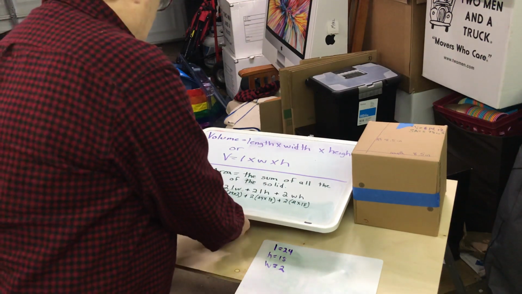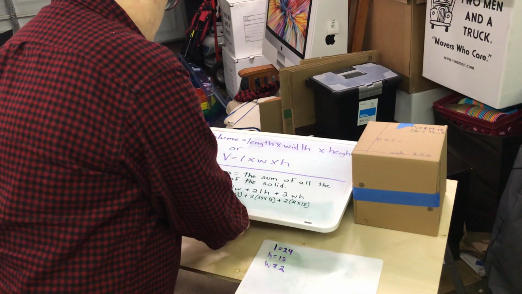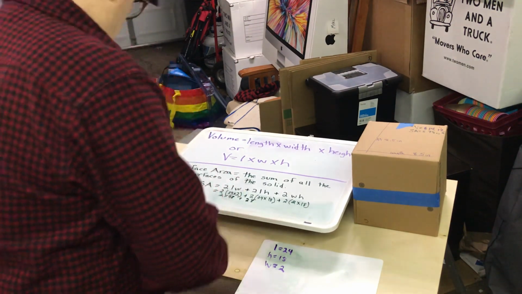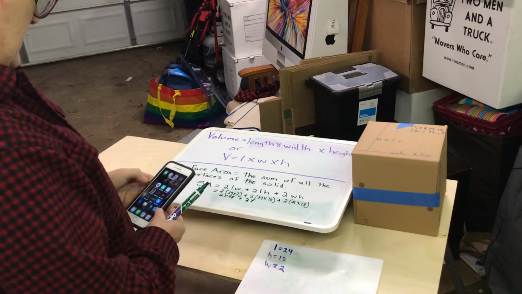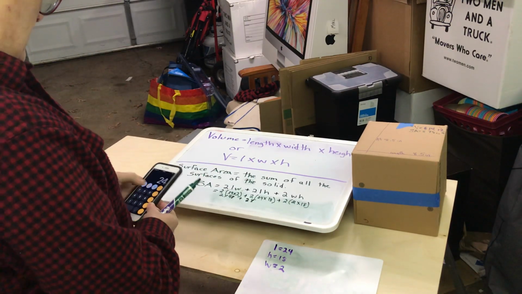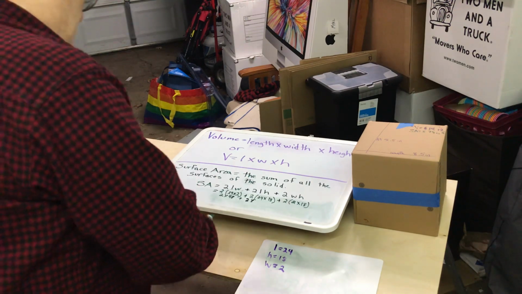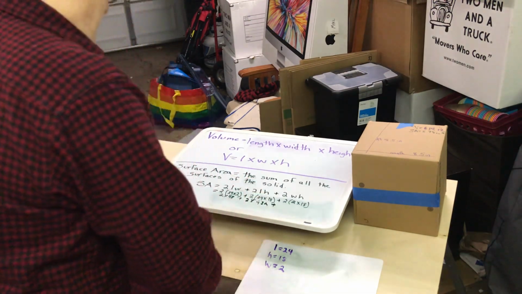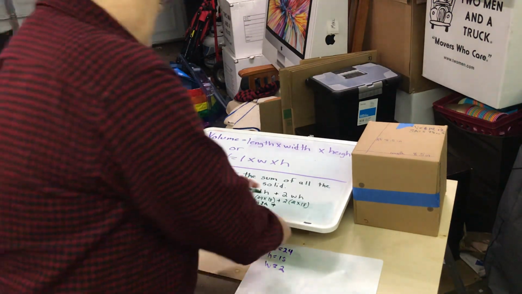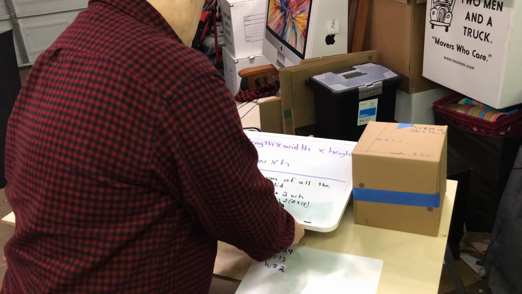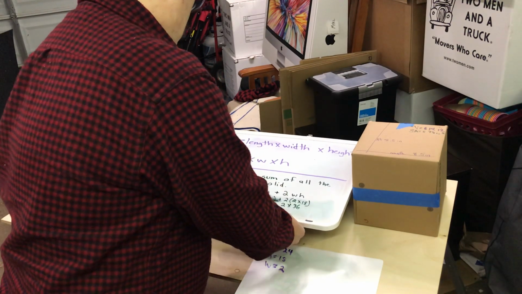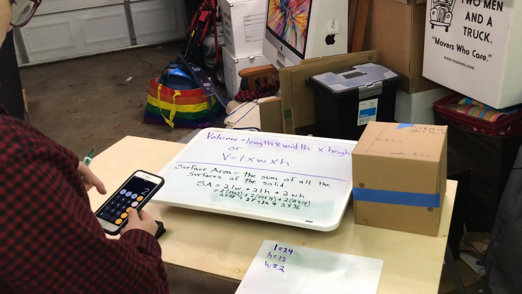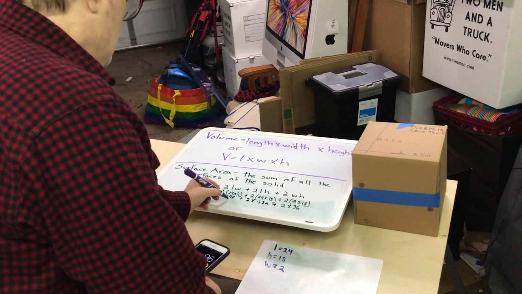So then it becomes 2 times 48 plus 2 times 24 times 18, which I can't do in my head. 24 times 18 equals 432. 2 times 48 equals 96.